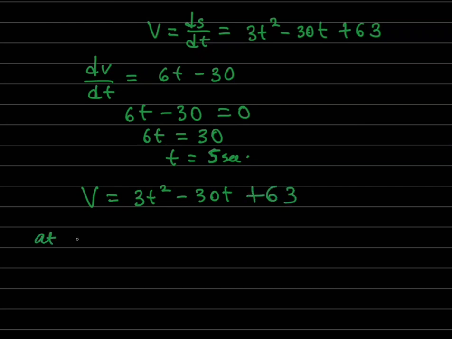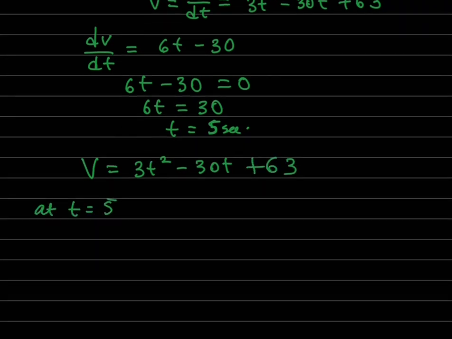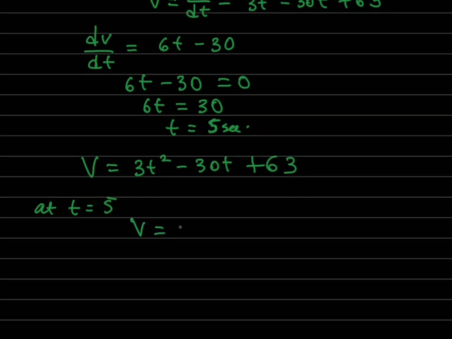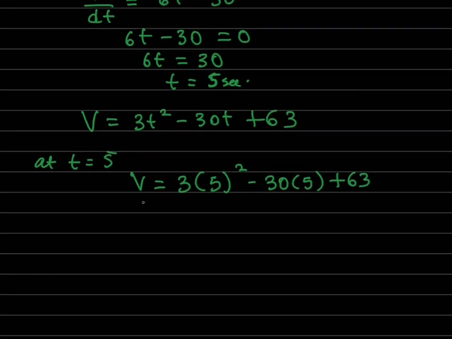So at t is equal to 5, we are going to have our velocity is equal to 3 into 5 squared minus 30 into 5, then plus 63, which v will be 3 times 25. All right, good, 25.